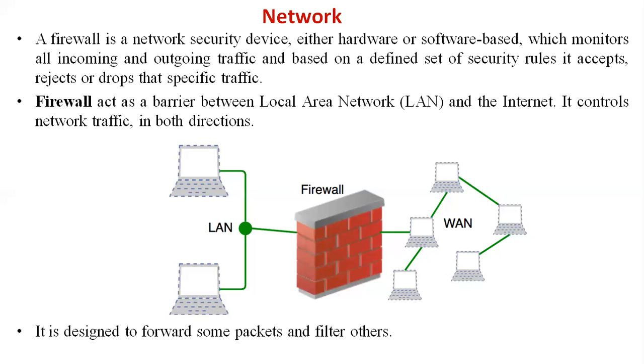So this diagram shows the firewall between a personal network and the internet. Suppose an organization or institution has a local area network containing 1,000 computers.